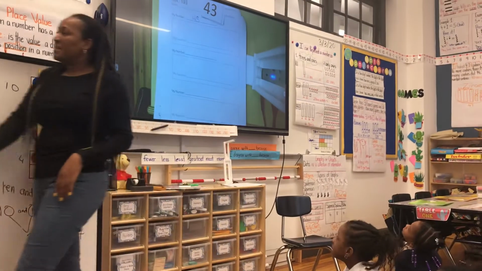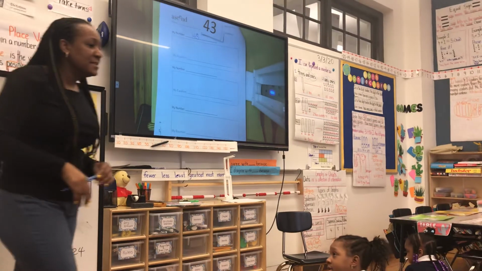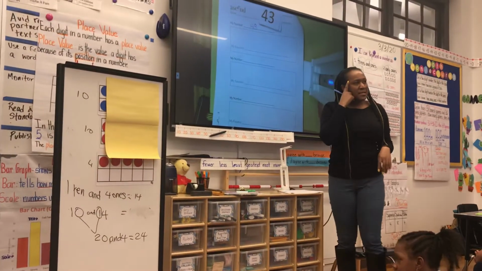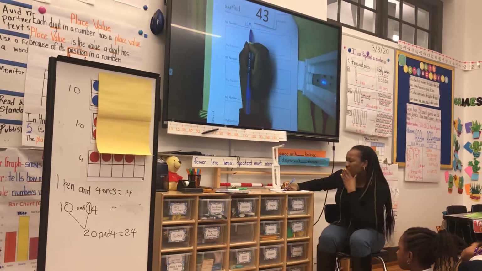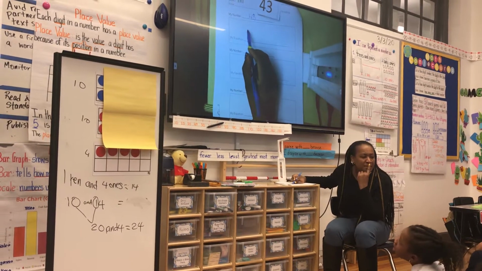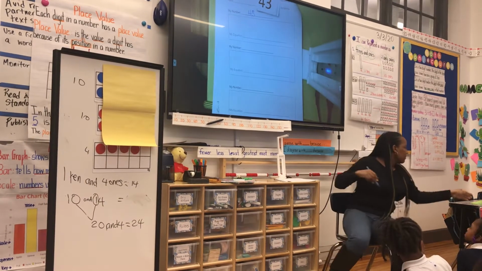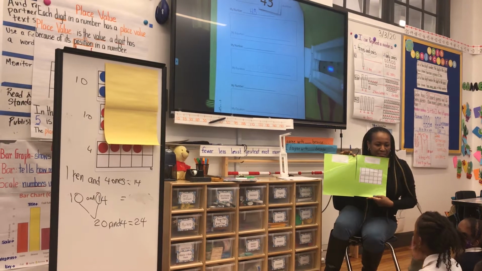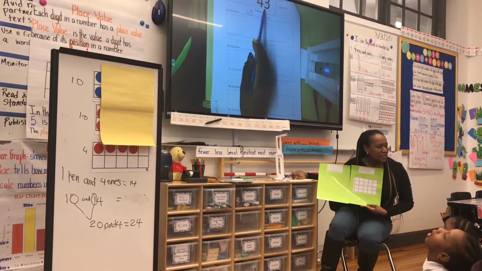My second step is to represent the number using tens and ones. How many tens? How many ones? How do I represent 43 as tens and ones? That's your job. You have your placemat and your cubes to help you figure out how many tens and ones.